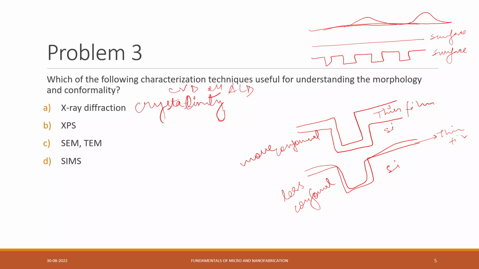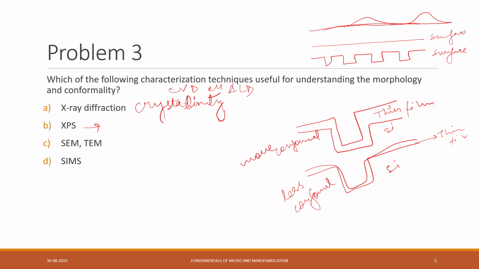You will get 1 1 1 planes, 1 0 0, and so on, and whether the lattice is rhombohedral. All this information you get through crystallinity. Anything related to crystals, like the quality of crystals, we get through X-ray diffraction. Okay, the second option is XPS.